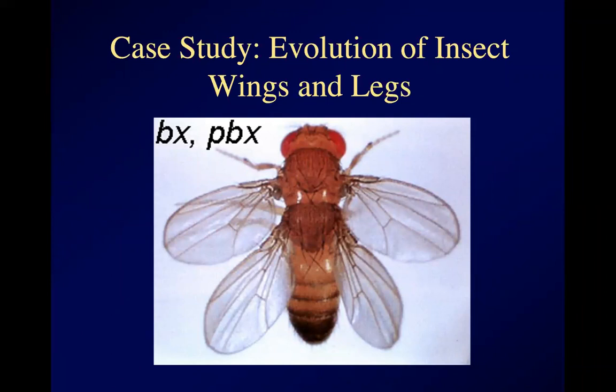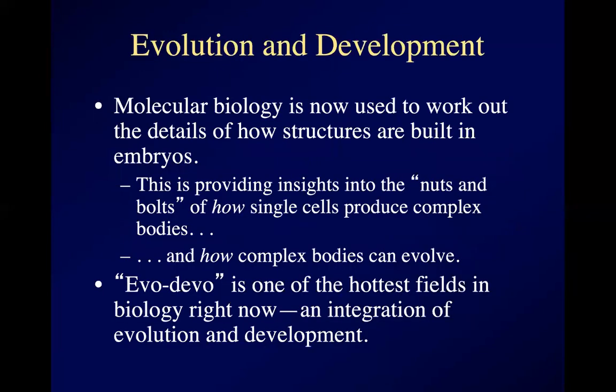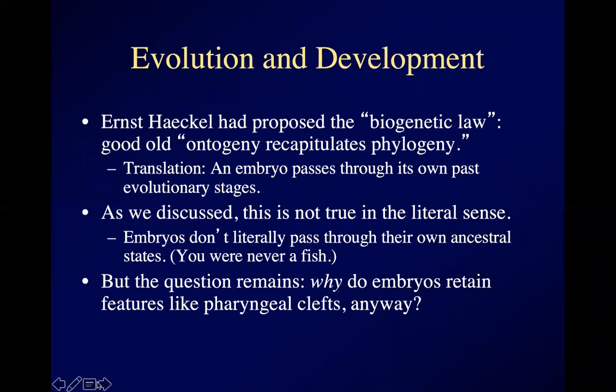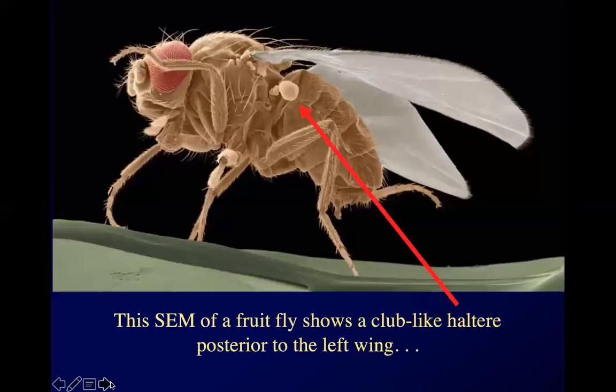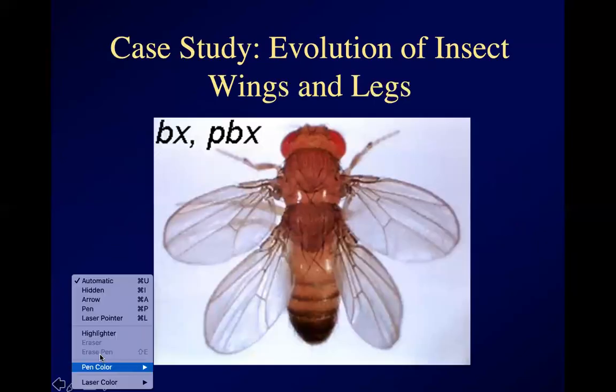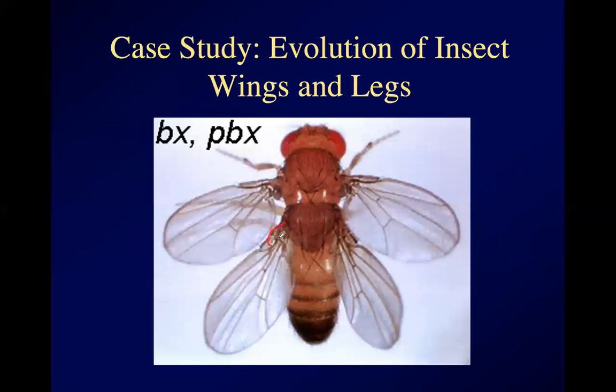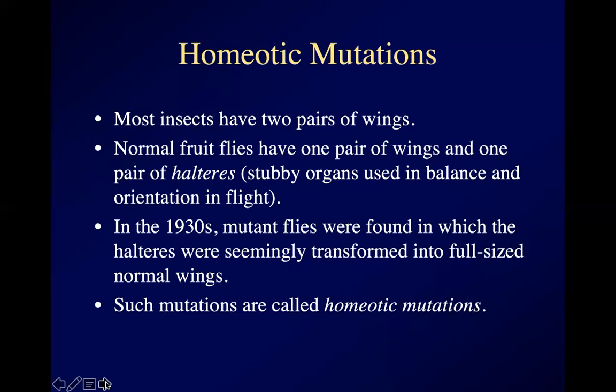This is a fly where the halteres, which would normally be dinky little structures down here, the halteres would normally be these little lumpy things down there, and they've been converted into full-sized ordinary fruit fly wings. Mutations like that are called homeotic mutations.